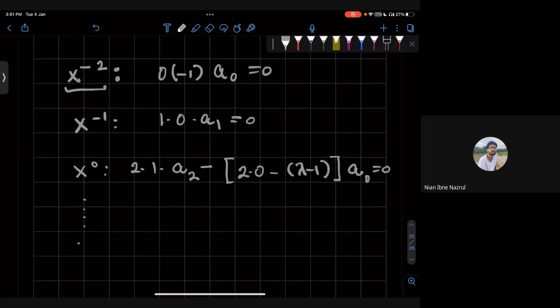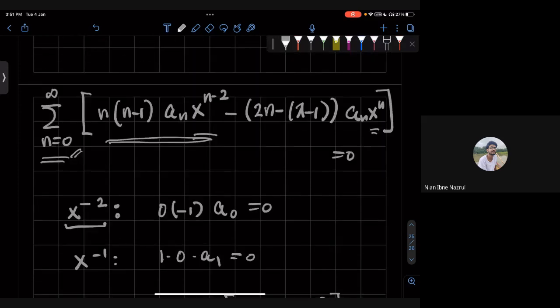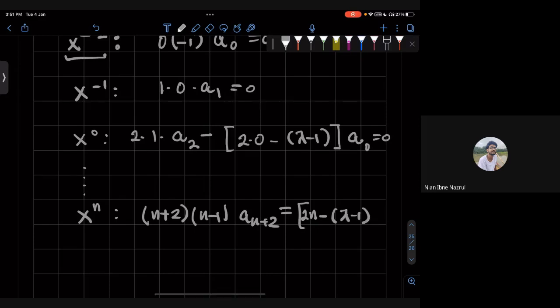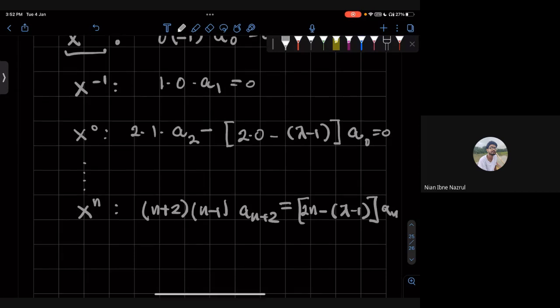And then if you look at the coefficient of xn, the first term is going to be, the value of n here is going to be n plus 2. So we put (n plus 2)(n plus 1) a(n plus 2), and that is going to give us equal to (2n minus lambda minus 1) a(n).